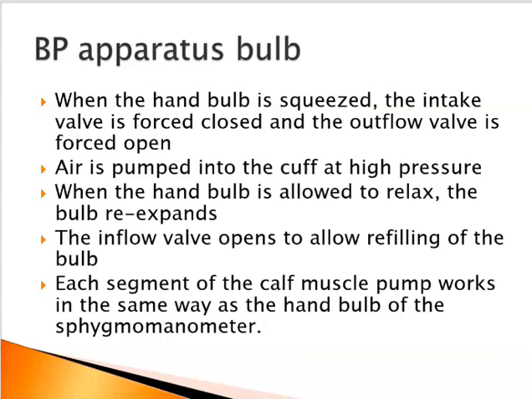When the hand bulb is allowed to relax, the bulb re-expands. The inflow valve opens to allow refilling of the bulb. Thus, each segment of the calf muscle pump works in the same way as the hand bulb of sphygmomanometer.